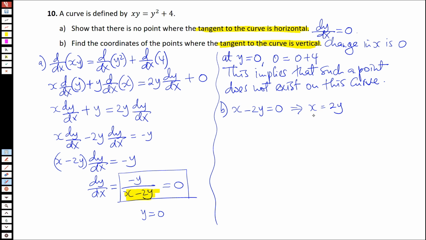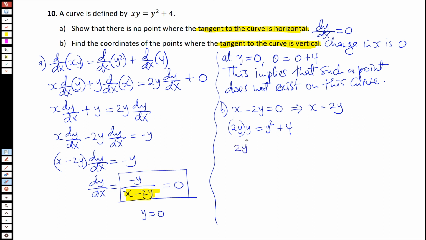Now, to find the corresponding y coordinates, because we want points x and y, we have to plug this into the original equation. So in the original equation, I replace x with 2y. We shall end up with 2y multiplied by y equal to y squared plus 4.